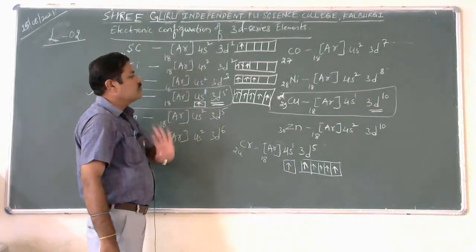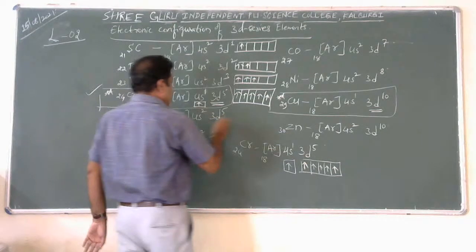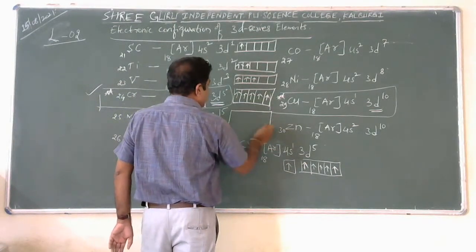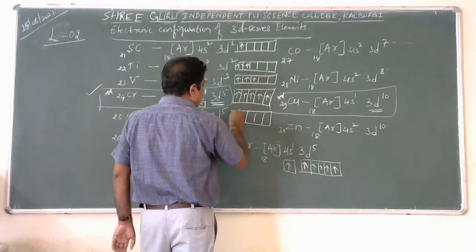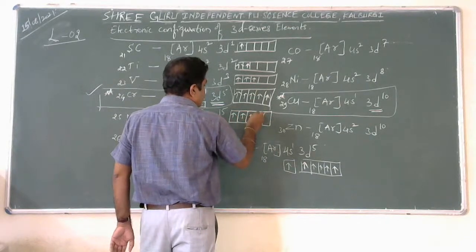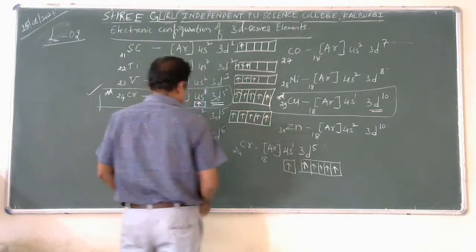Here in manganese, 4s2 3d5 is a d5 system, so manganese also contains 5 unpaired electrons in the ground state.